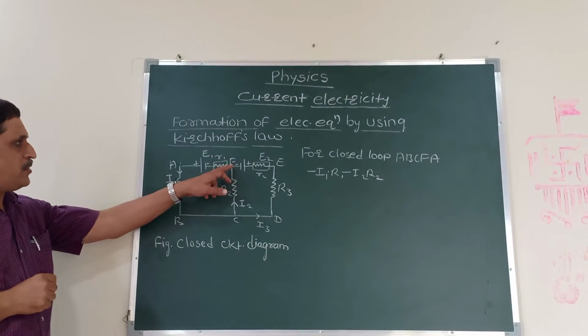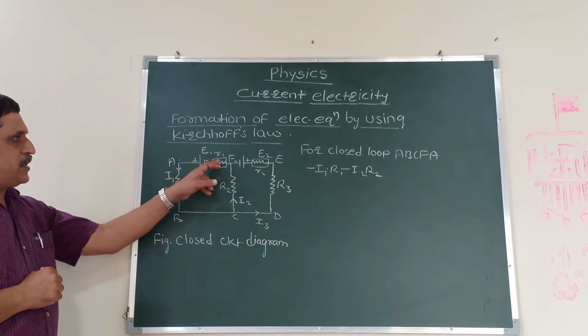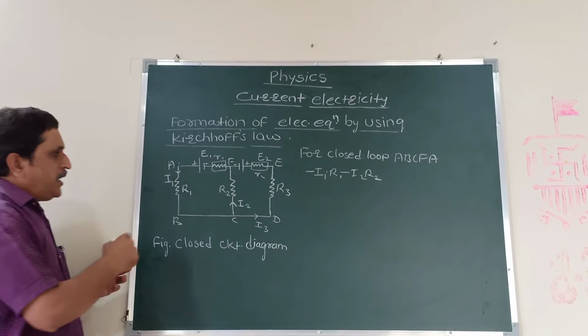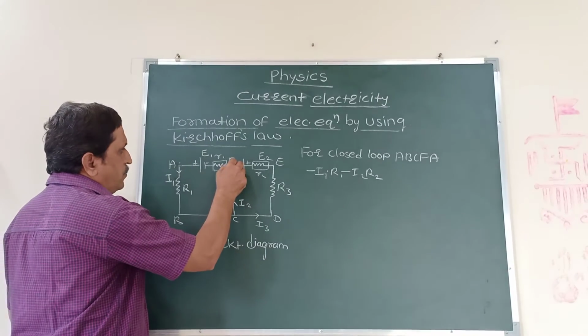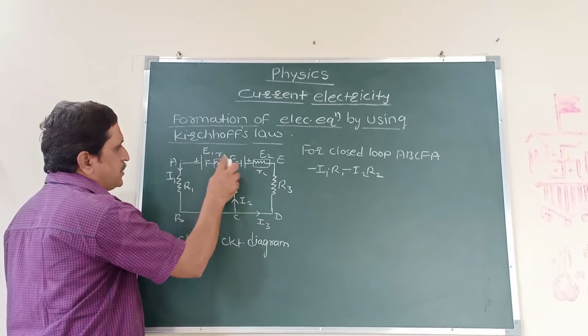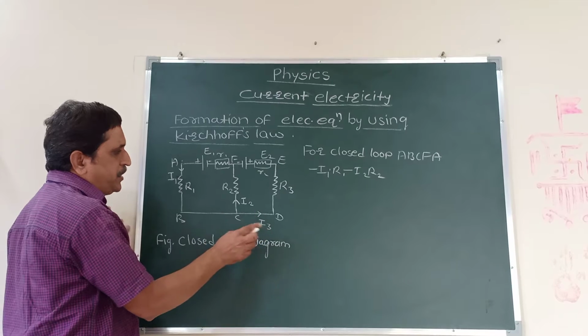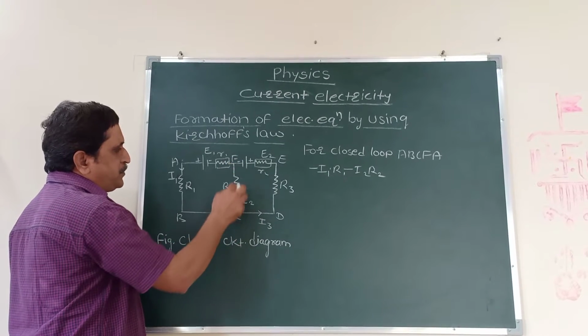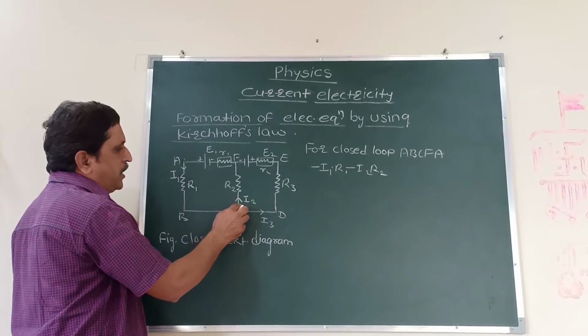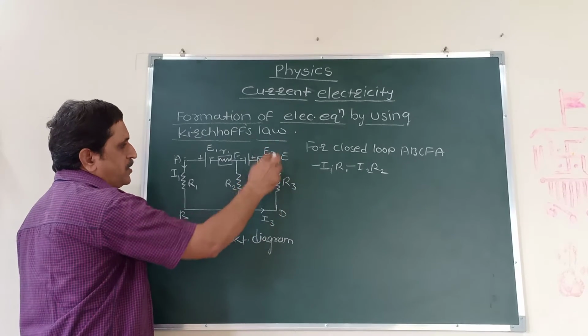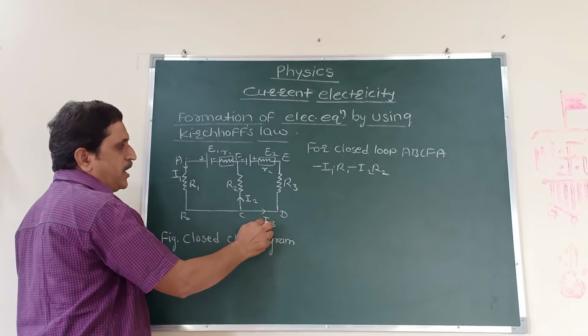Now for this path F to A, internal resistance R1 and the current flowing through this path is nothing but I1, because at this junction point this I1 gets distributed. Current flowing toward FC or CF is I2 and current flowing toward resistance R3 is I3.